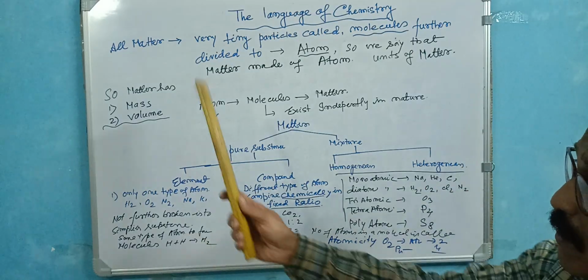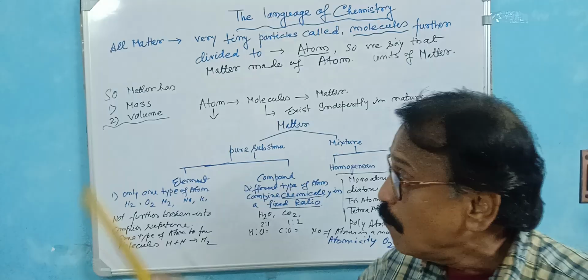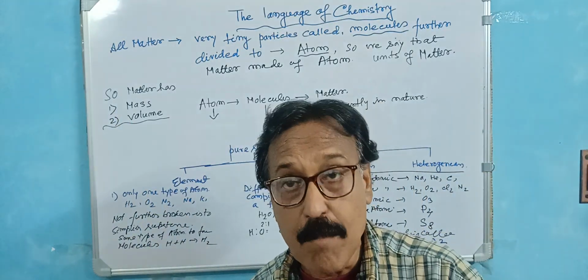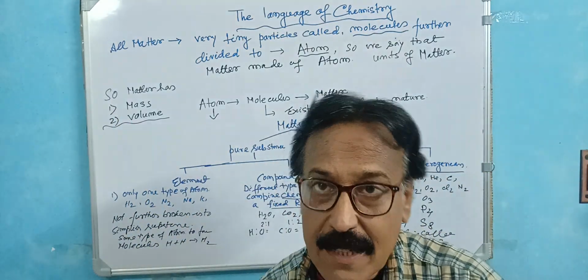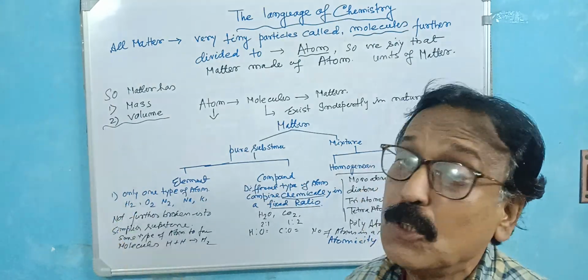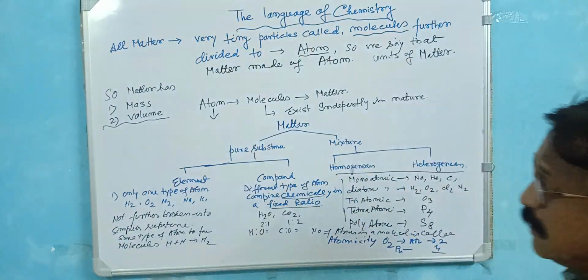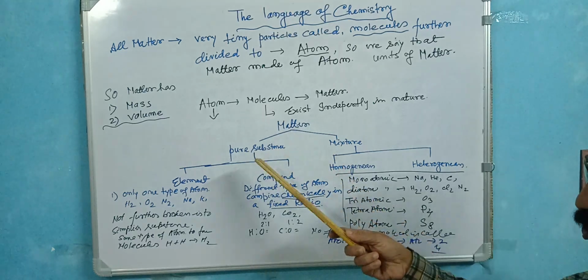So matter has a mass, and if there is a mass, a volume is there. These are two very important things. Density is also there. Now, if you subdivide matter, a chart is formed.